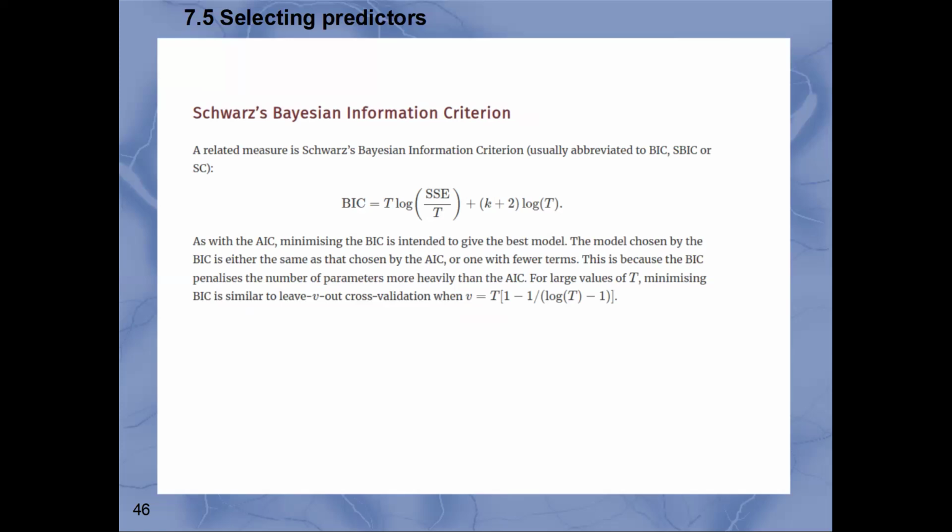As with AIC, we're trying to minimize this BIC, which is intended to give the best model. The model chosen by BIC is either the same as that chosen by AIC or one with fewer terms, right? So BIC penalizes the number of parameters more heavily than AIC.